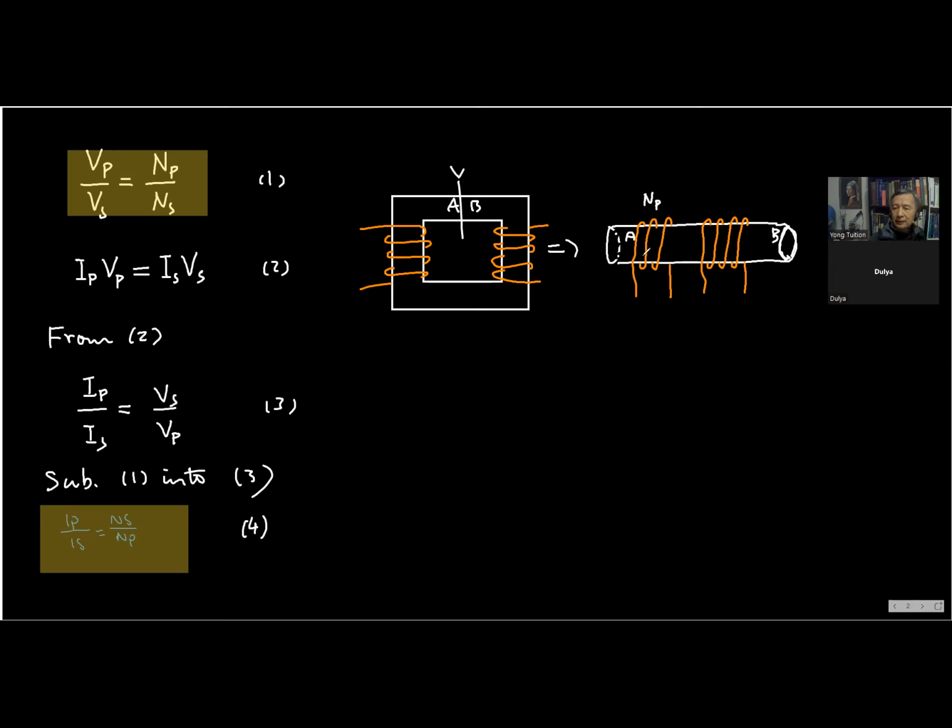Can you see? So can we just imagine the magnetic field in this direction? This is inside. This is the magnetic field in this direction. Can you see? And this crossing area, can you see?